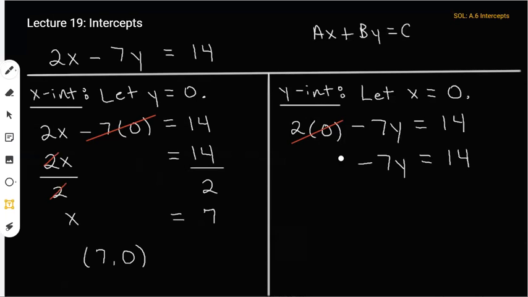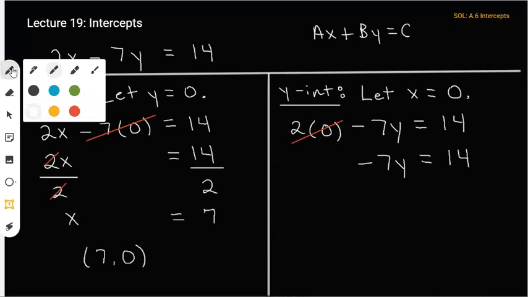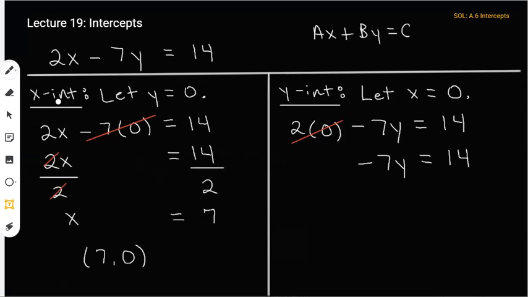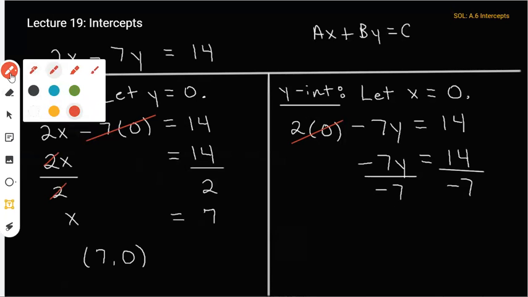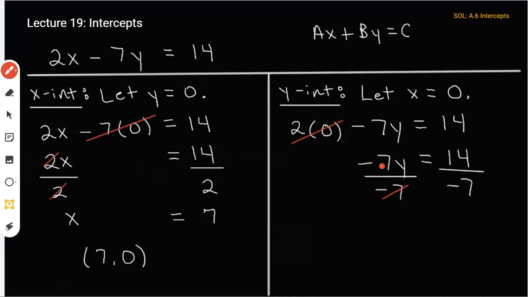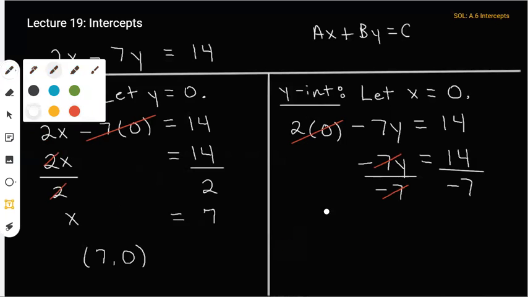That minus sign out in front of the 7y is going to tell me that that 7 is a negative 7. So when I divide both sides by the number, I have to divide both sides by negative 7. So the negative 7 is going to cancel out on this side, leaving me with a y.